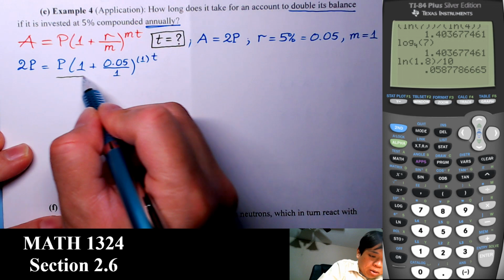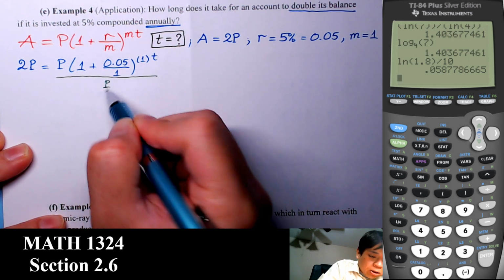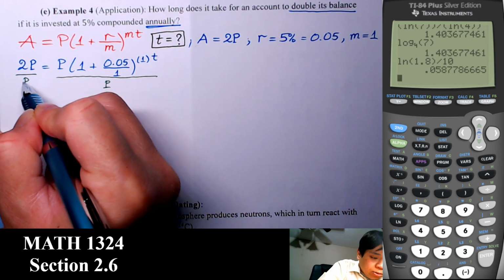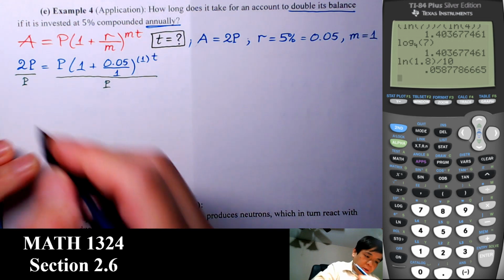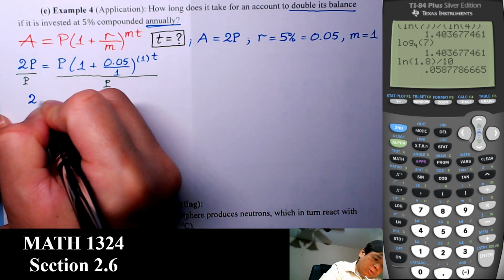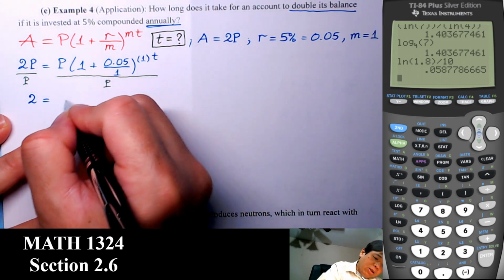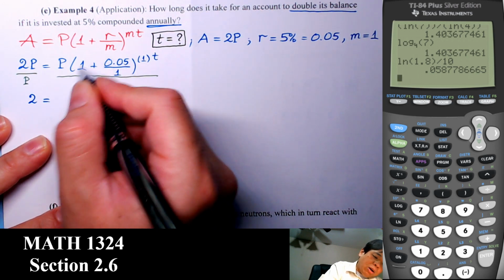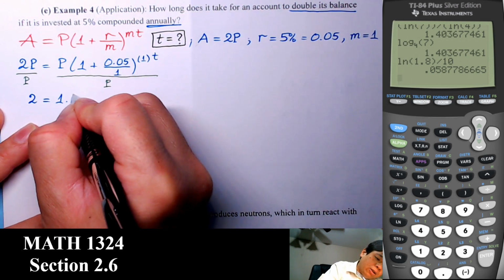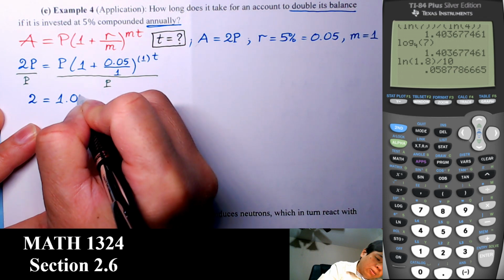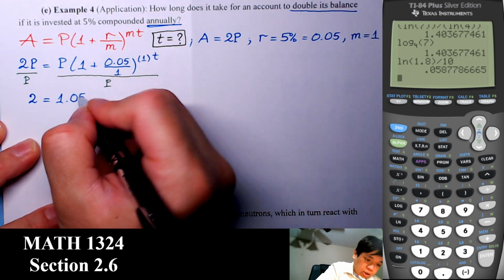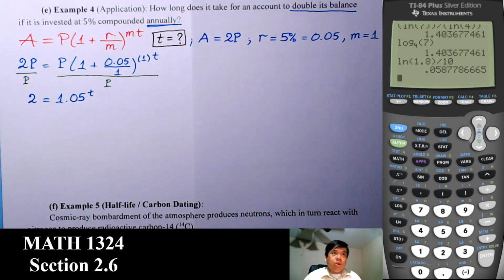Now we can divide by P on both sides. That gives you 2. P and P cancel out. So this is just 1.05 to the T. Now we just solve for T. That should be easy.